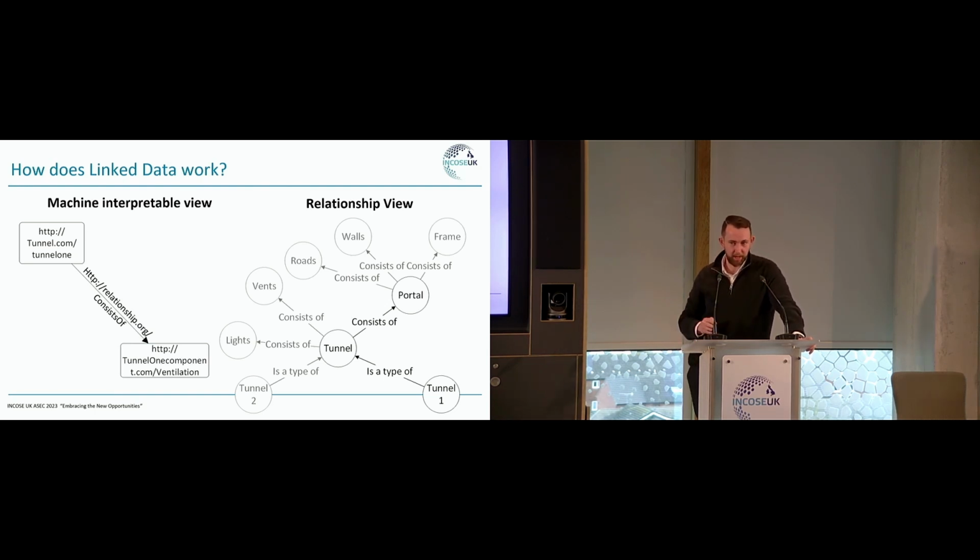And each node can have many different links to many different other nodes. But basically, by expressing this in the linked data principles, you end up with that software independent, interoperable data that we talked about. The view on the left, you don't have to worry about it because, on your projects, you'll just see it through the software in a nice relationship view.